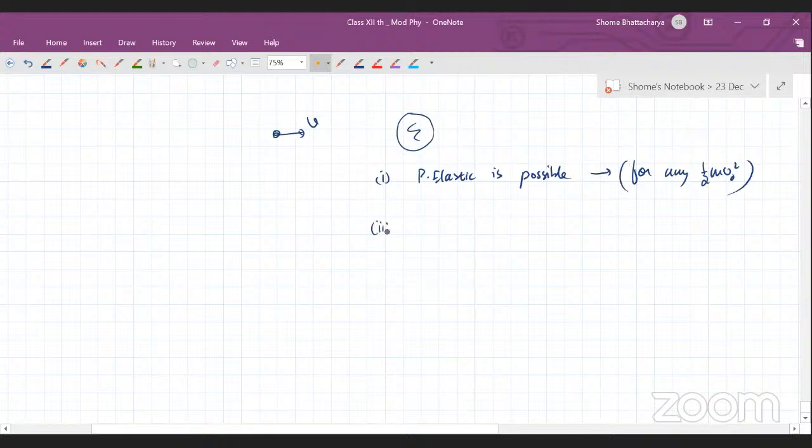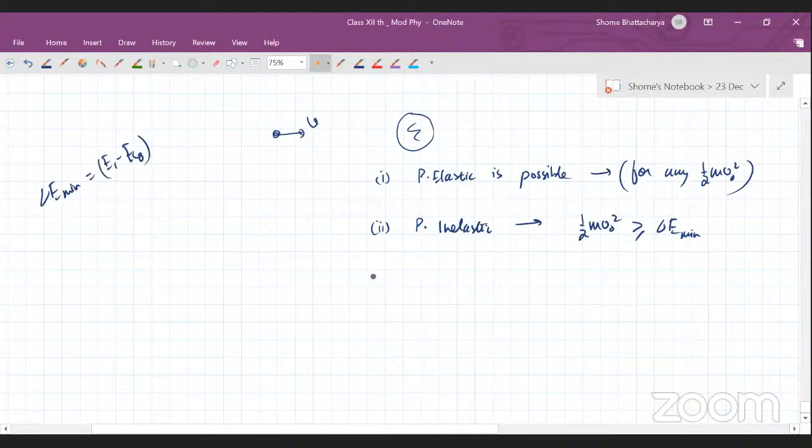Now, for perfectly inelastic, what we have seen is that half mv naught square should be greater than that delta E minimum that we calculated, where delta E minimum, greater than or equal to, was E1 minus E0.